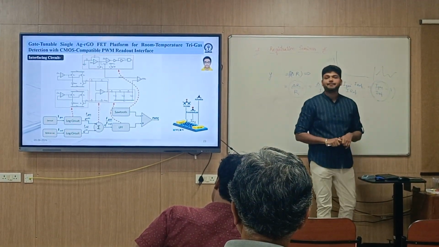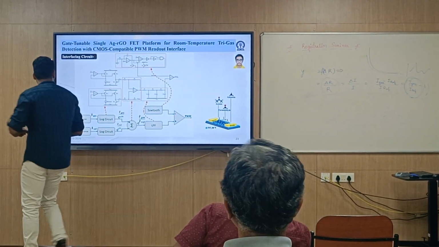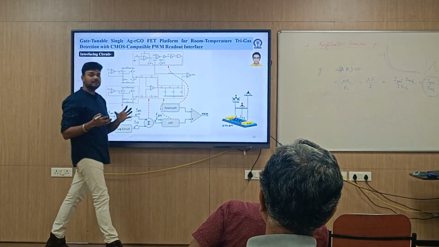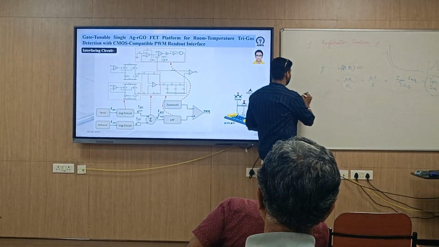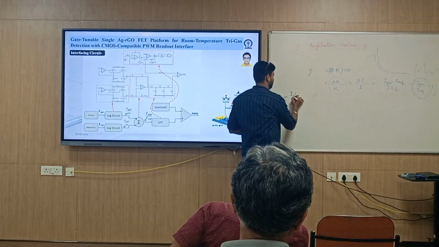In the lectures by Professor TKB in second-year BTech, we learned the logarithmic block: I equals I0 e to the power V by eta Vt.